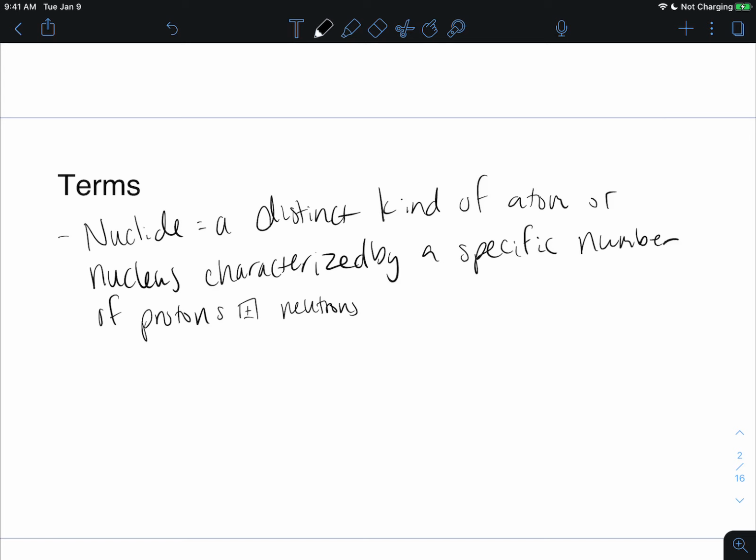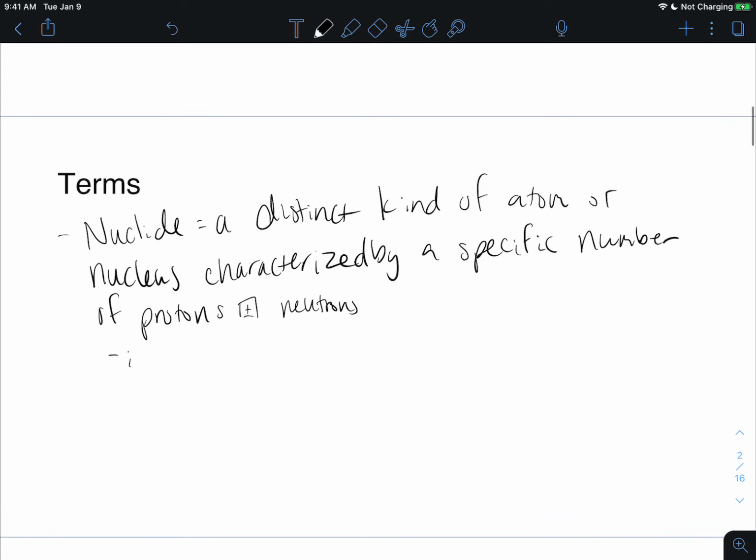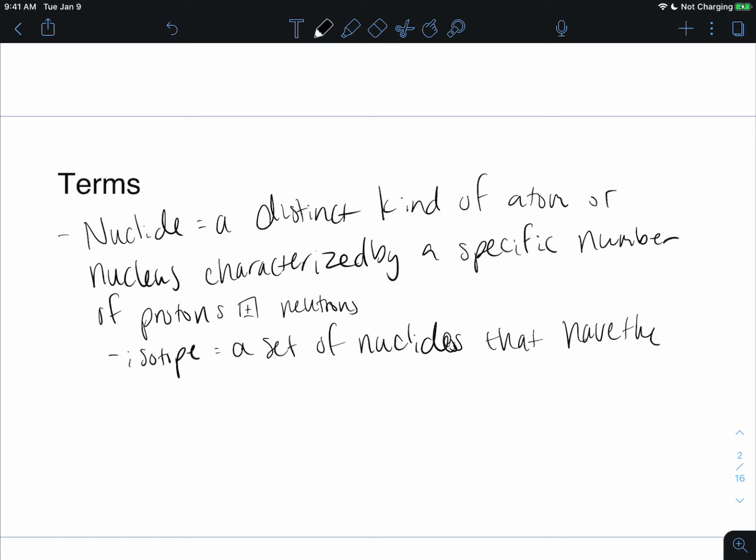It is the basis for an isotope, where an isotope is a set of nuclides that have the same number of protons but different numbers of neutrons.